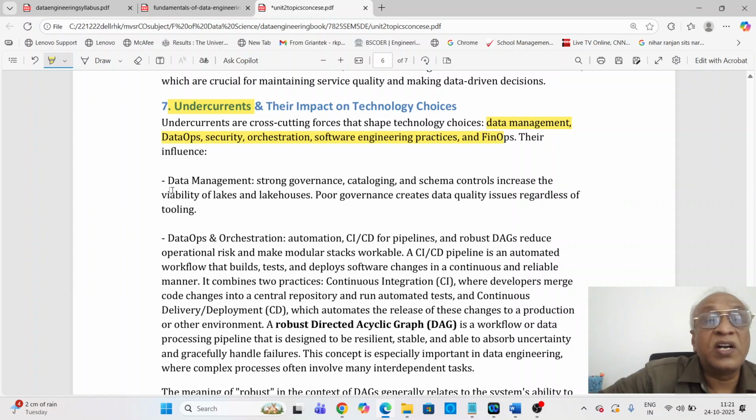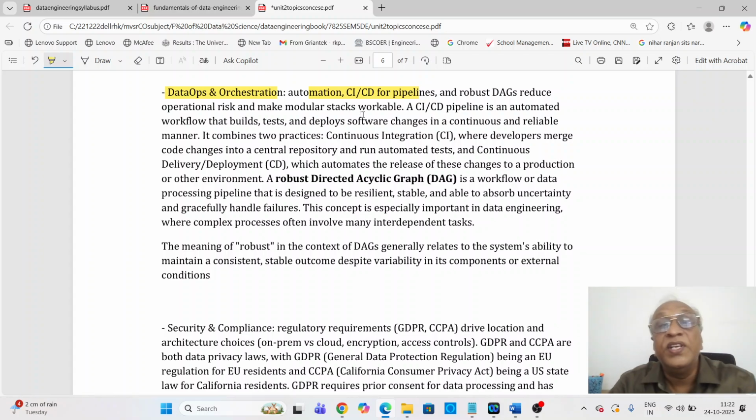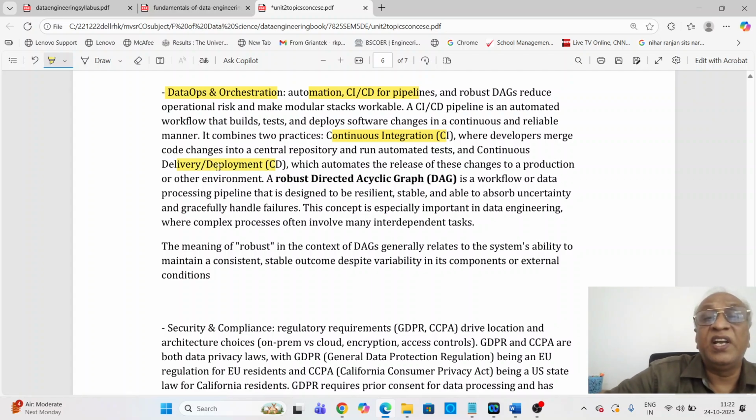So when we speak about data management, strong governance, because if we have poor governance, data quality issues will be coming. When you speak about DataOps and orchestration, you have automation, you have CI/CD pipelines. So what is a CI/CD pipeline? CI indicates continuous integration. CD indicates continuous delivery or deployment, and basically it combines those two practices, CI and CD.